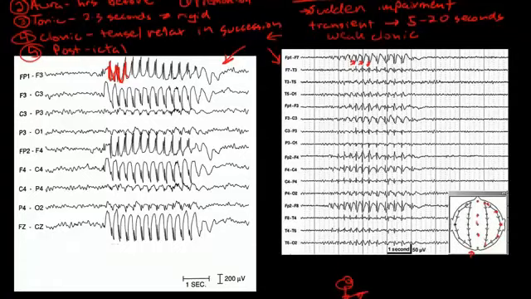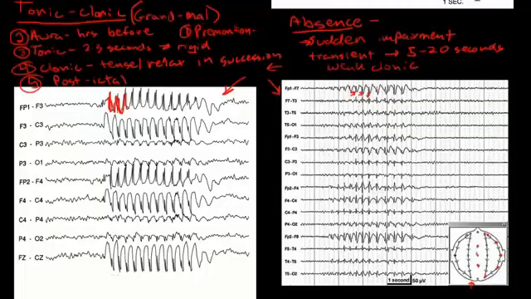Okay, so interestingly enough, absence seizures are very common in children, and most of the time they actually dissipate over time. That is because children have excitatory postsynaptic potentials that develop much more quickly than the inhibitory postsynaptic potentials.